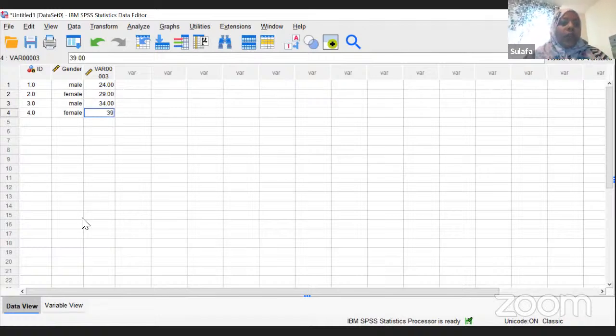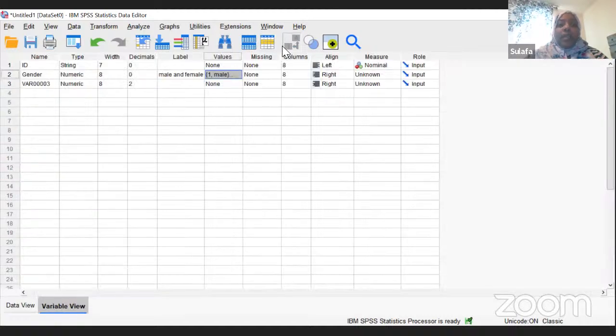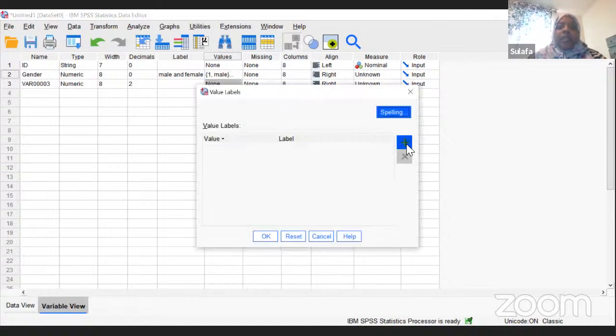And then we can make these codes into categories for our BMI. We want to compare normal weight with overweight or with obesity type 1, 2. So we'll come here and tell SPSS to put the value 24 as normal, and put value 29 as overweight.